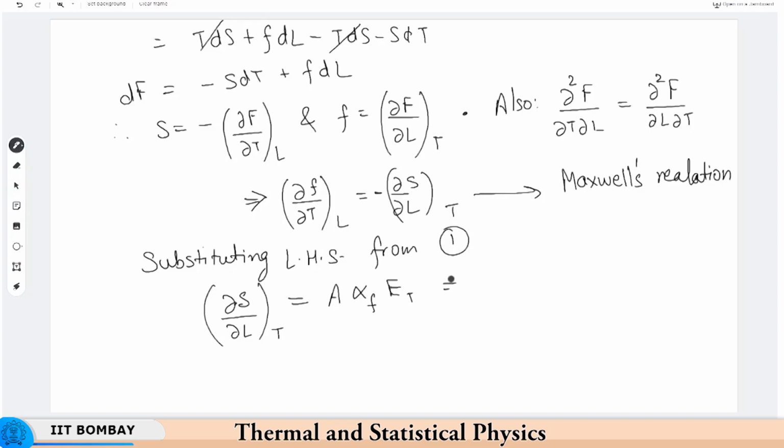This tells us the dependence of entropy on length, so if I have to measure the change in entropy, I can easily do that.